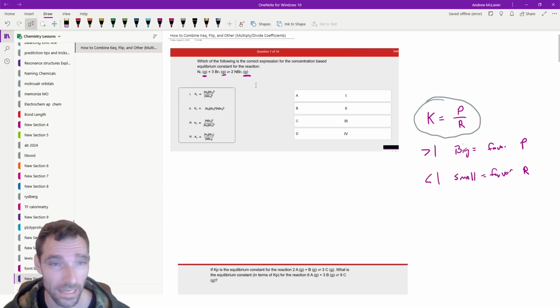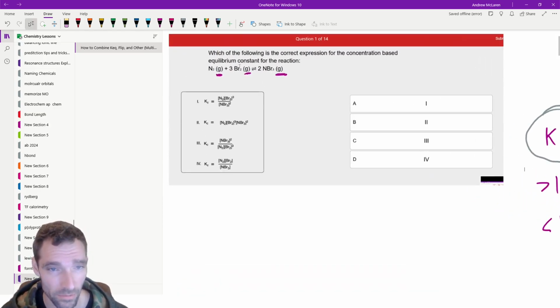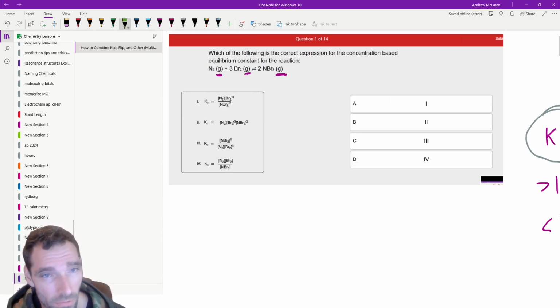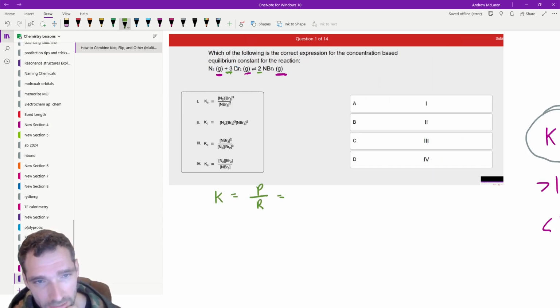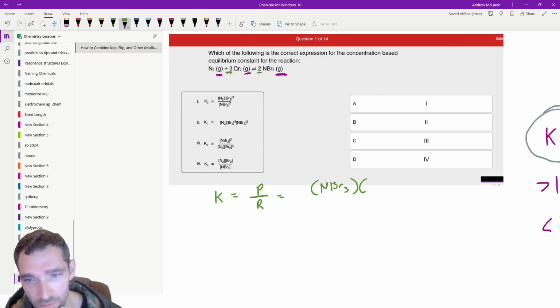So if we're looking at this K equilibrium expression, you're going to be putting the coefficients, the numbers that are out front, in here, because you can think of this as some sort of reaction where we've got the products over the reactants. Our product here is the NBr3, but you might as well think of that as two different products.